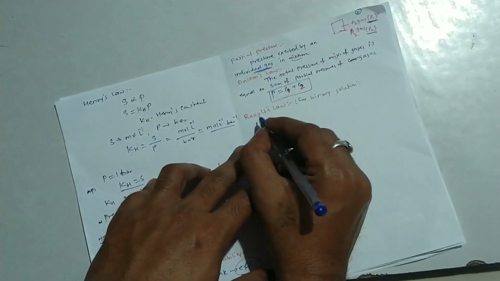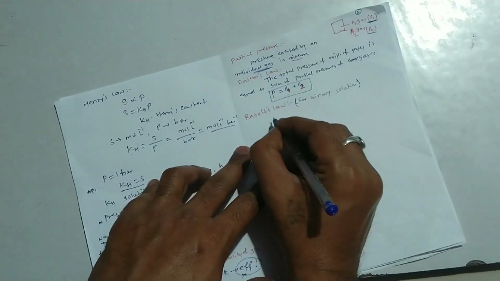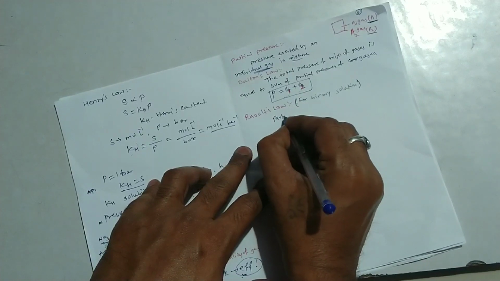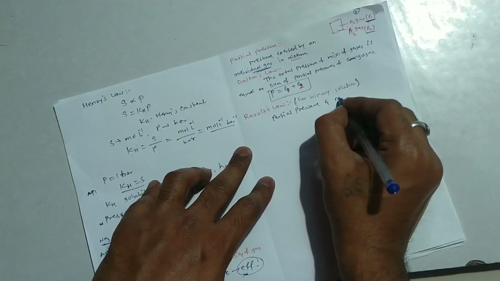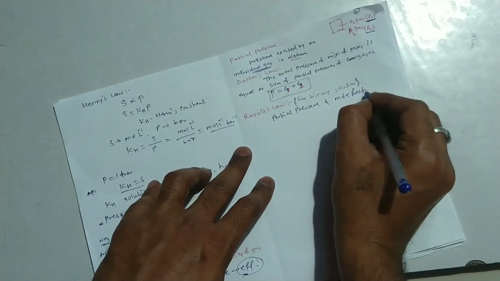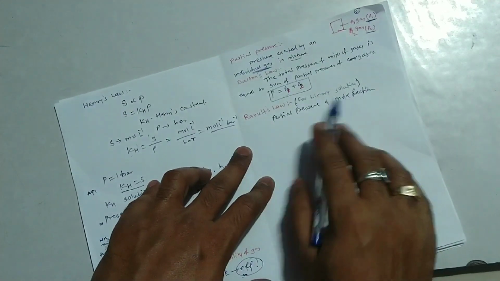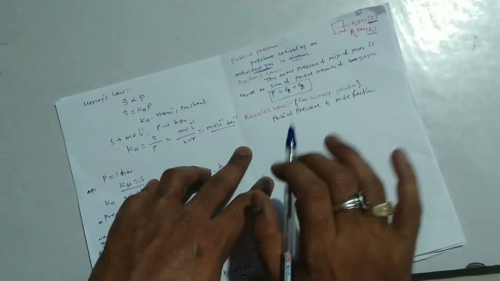Now Raoult's law gives a relation between the partial pressure of a gas and its mole fraction.